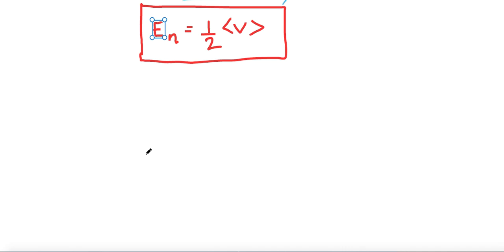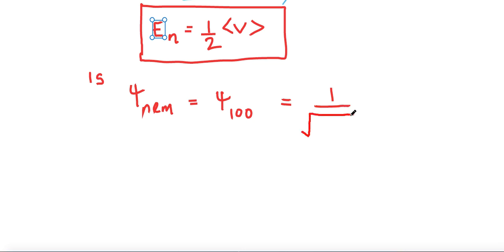Before that, let us take the ground state of a hydrogen atom. We can represent this by psi n l m. These are quantum numbers. So we have psi 1 0 0, because for the ground state n is equal to 1, l is equal to 0, so m is equal to 0. This state we can write as 1 by root of pi a0 cube into e raised to minus r by a0. This is the wave function.